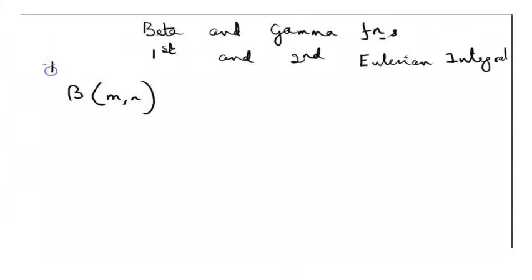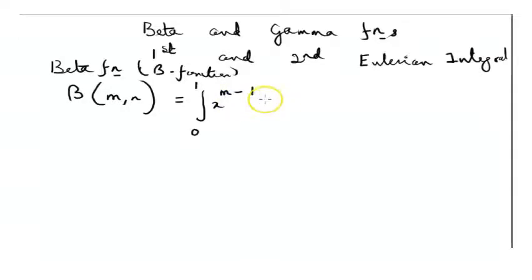So this is the beta function, which is equal to the integration from 0 to 1 of x to the power m minus 1, times 1 minus x, the whole to the power n minus 1, dx. So this is the beta function, and let us see.